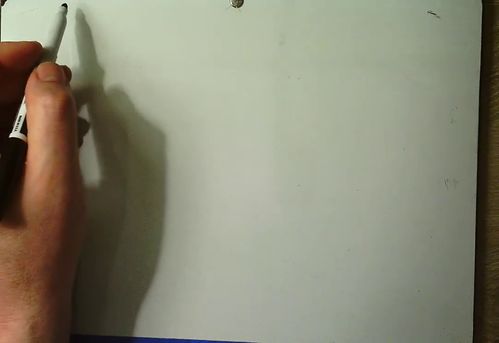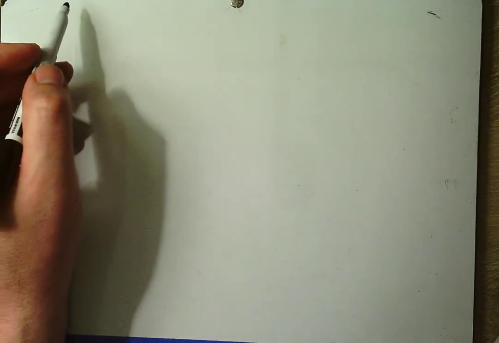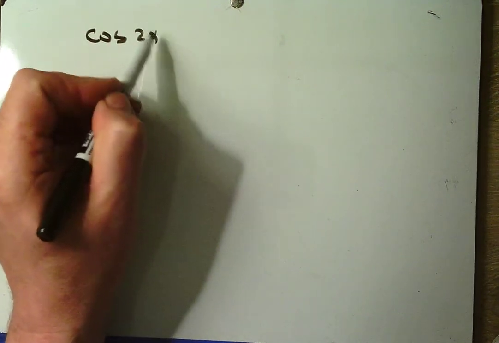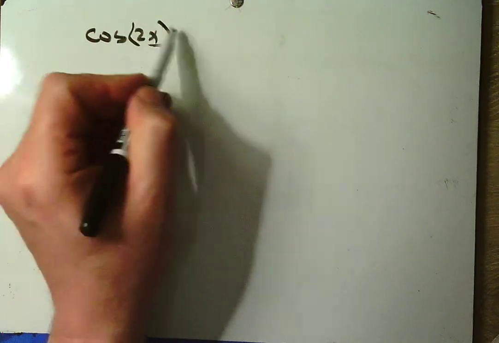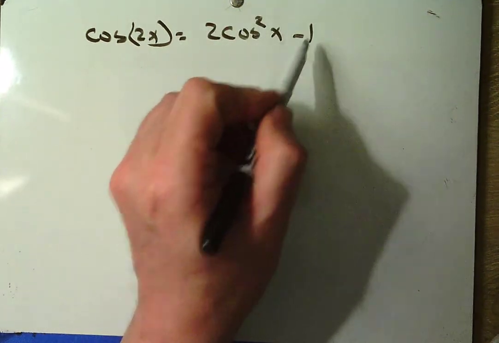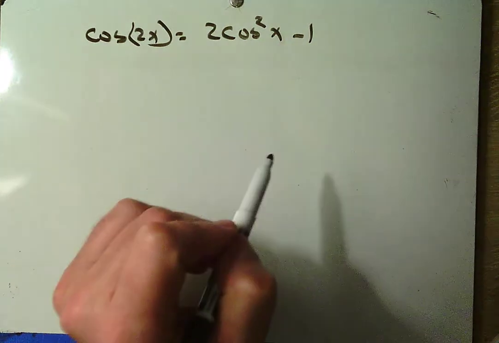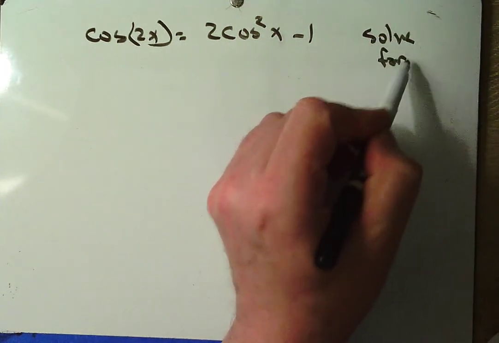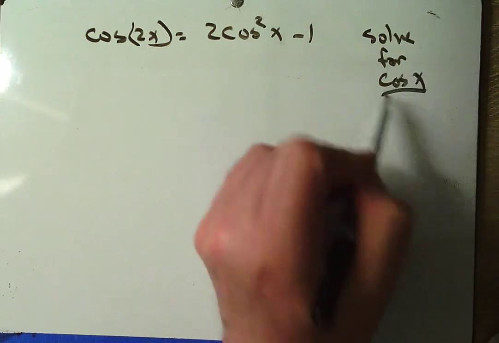Remember how a moment ago we talked about there being multiple cosine double angle formulas to choose from. So, for example, cosine 2x equals 2 cosine squared x minus 1. Okay, so let's solve for cosine x.